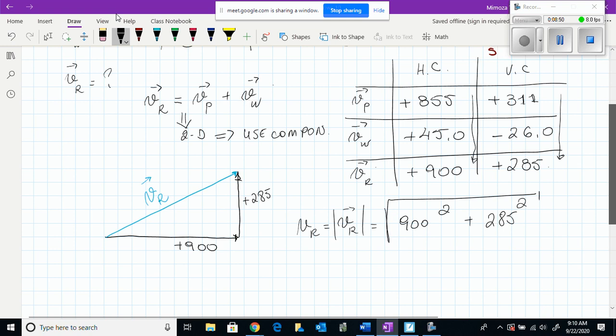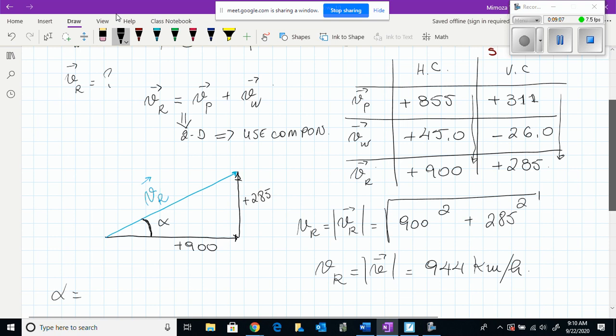The magnitude of the resultant velocity will be 944 kilometers per hour. But we are not done because we have to find the direction.